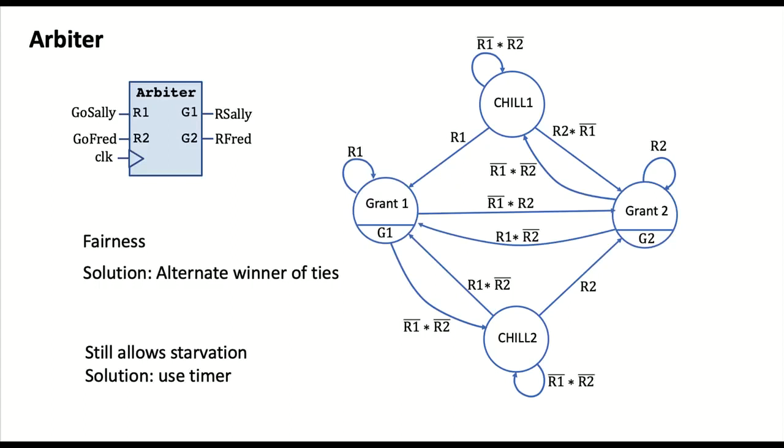Yes. Would the best solution be to start the timer when the opposite person wants it, rather than having the timer be for how long the person has held it? Yeah, you could do that. It's really the state machine that captures whatever policy you want. That would work.